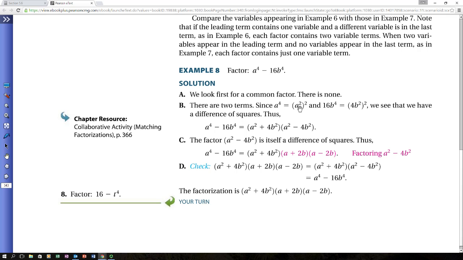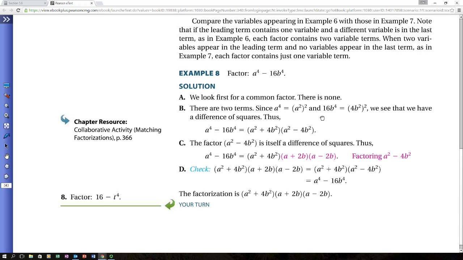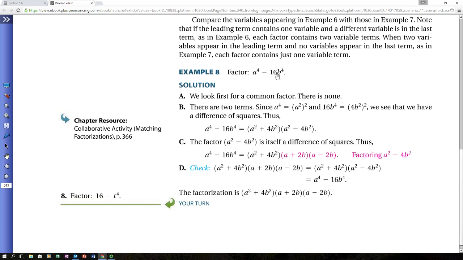If I take a to the 2 power to the 2 power, power of powers is 2 times 2, or 4. Well, 16 is really 2 to the 4th power, but they just recognize that 16 is really 4 times 4, or the square root of 16 is 4. Another way to say the square root of b to the 4th is b to the 2nd.